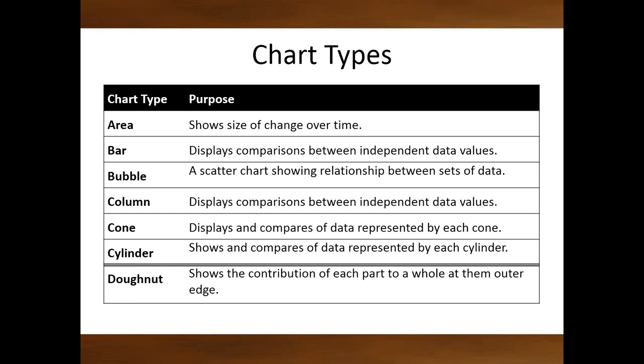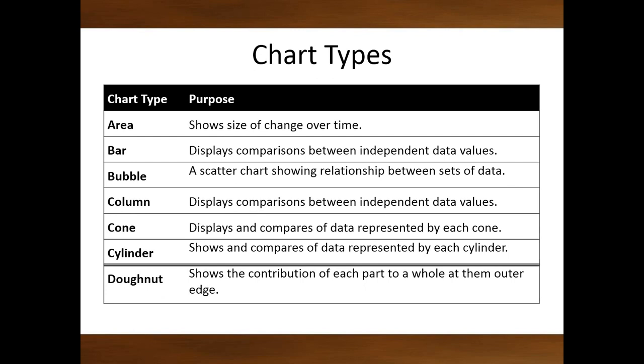The next chart type is the bubble chart type. The bubble chart type is a scattered chart showing relationship between sets of data. The next one, which we frequently use generally in most of the fields, is the column chart.